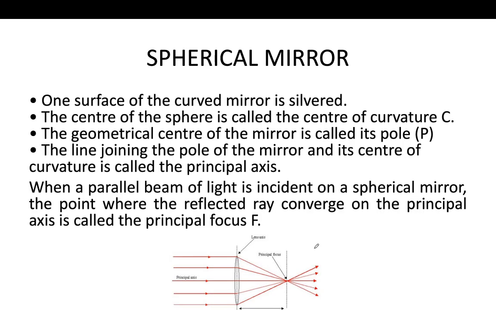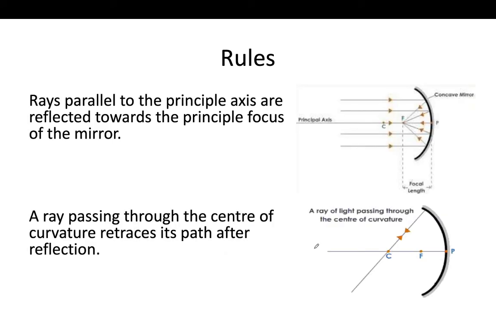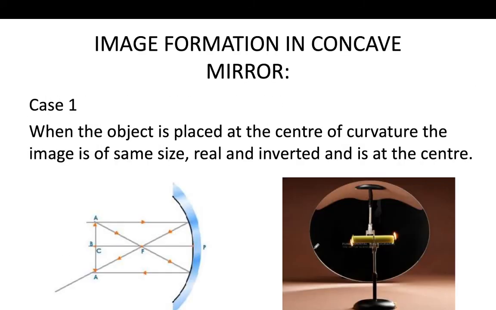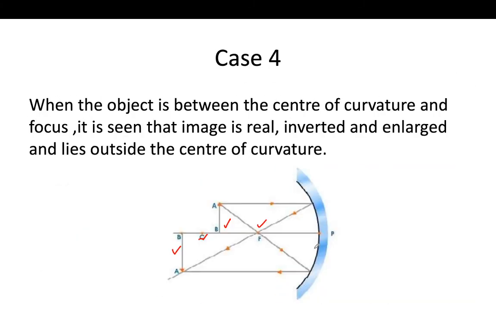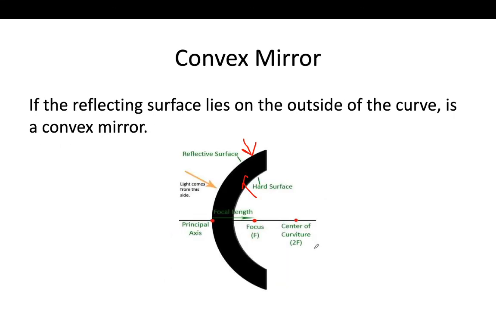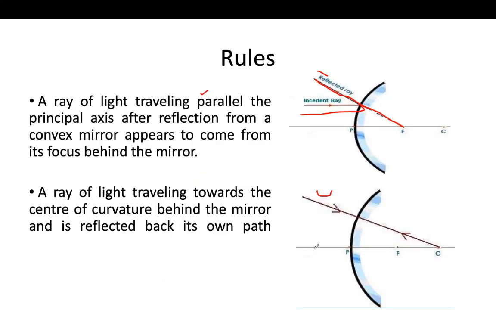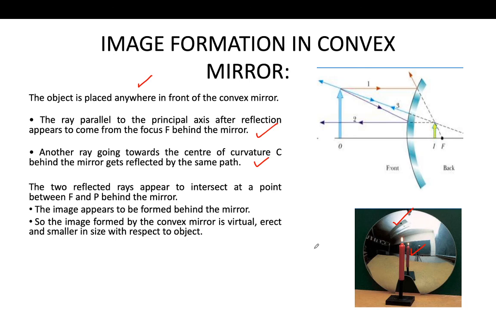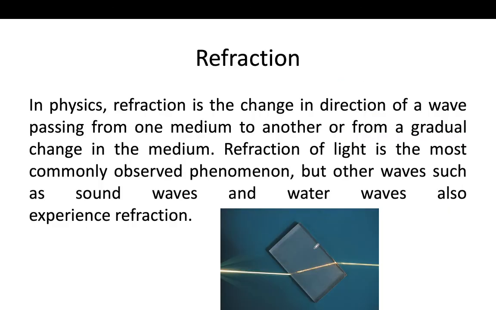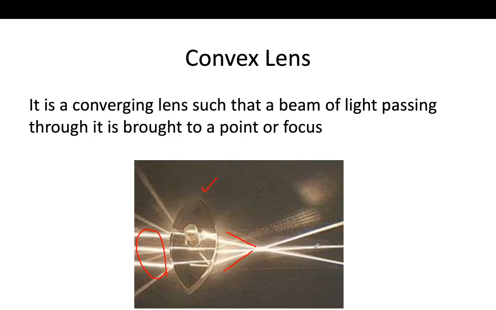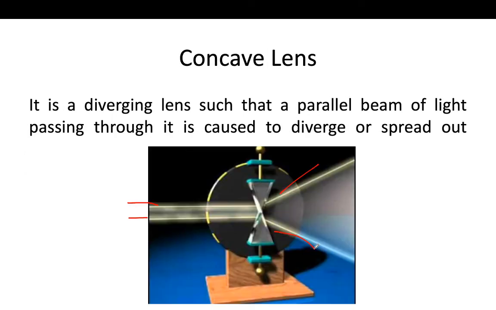We studied the spherical mirror, the concave mirror, its rules, and the four cases of image formation in a concave mirror. Then we studied the convex mirror, its rules and its image formation, and finally we studied refraction in convex and concave lenses.